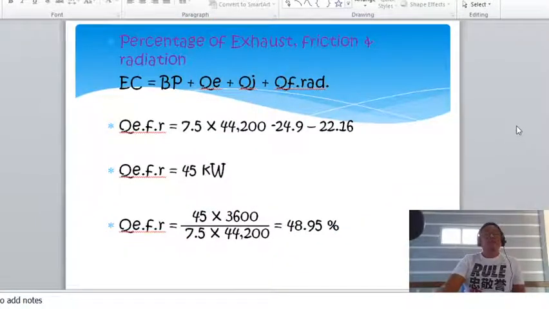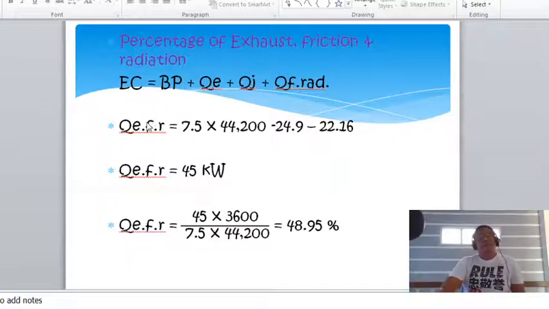Another is the percentage of exhaust, friction and radiation. Knowing that the energy chargeable equals brake power plus Q exhaust plus Q jacket plus Q friction radiation.